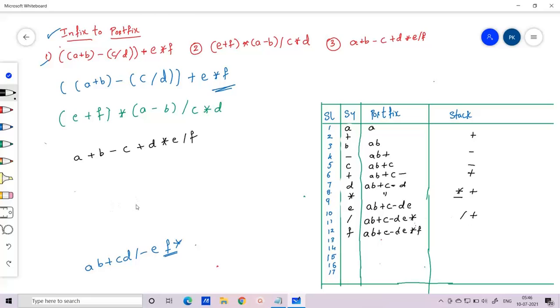So the final result will be A B plus C minus D E into F divide by and plus. So this will be our final result for the third expression.